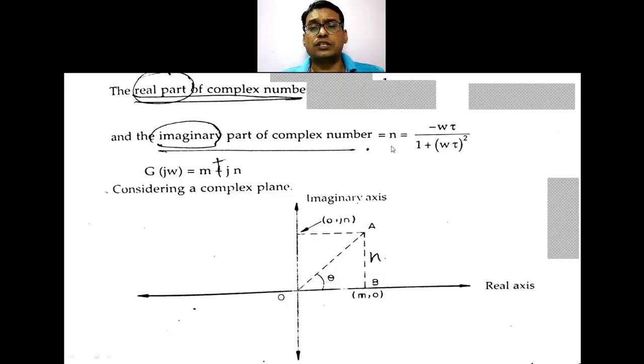So considering the complex plane, I can plot on the complex plane: m on the x-axis and n on the y-axis, that is your imaginary axis. So you will get or form a triangle OAB.